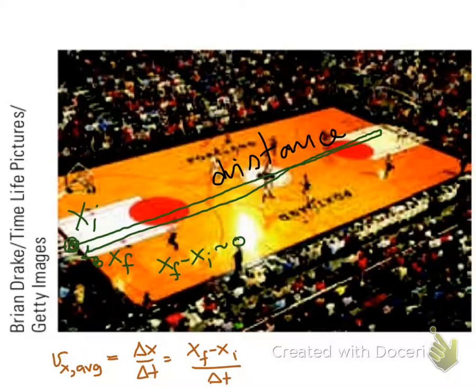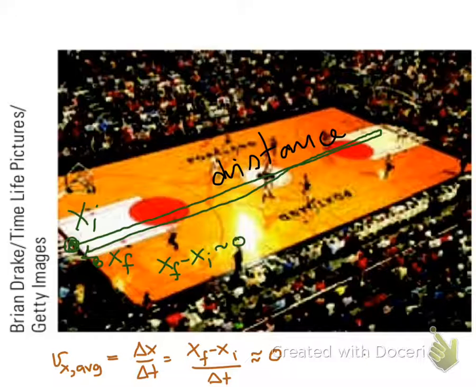But in this case, you can see that x_f minus x_i is almost 0. So it means that the average velocity is almost 0 too. But you can see that the player runs with some amount of speed, but the average velocity is almost 0.